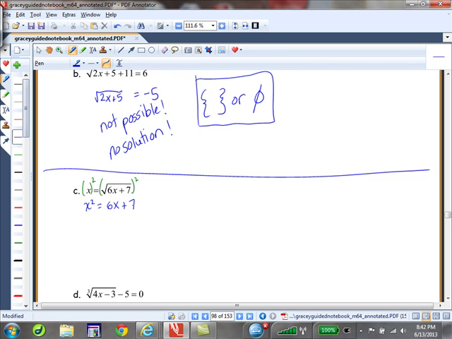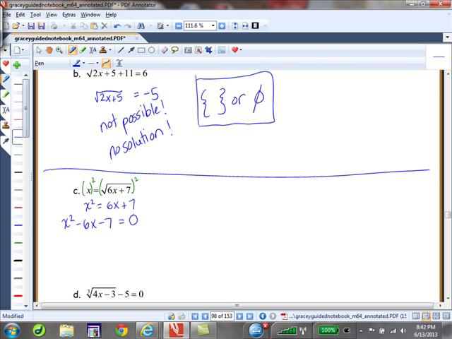So now what's going on? Good, very good. We have a quadratic, so we need to get 0 on one side. If we subtract 6x and subtract 7 from both sides, we will have x squared minus 6x minus 7 is equal to 0.